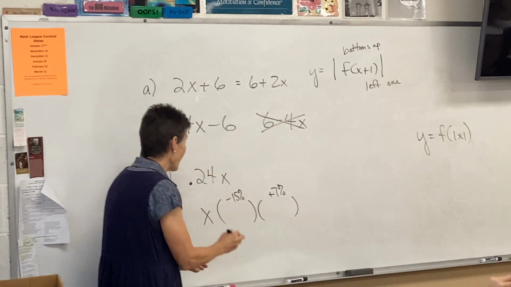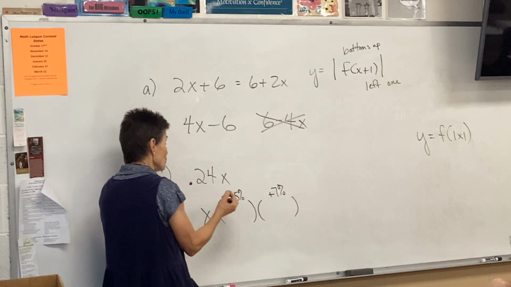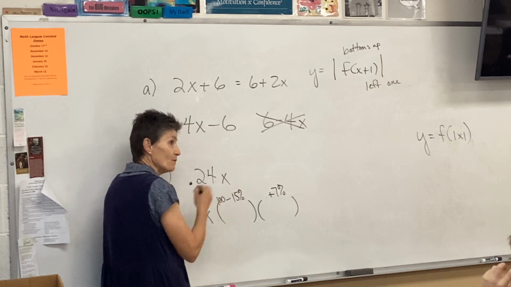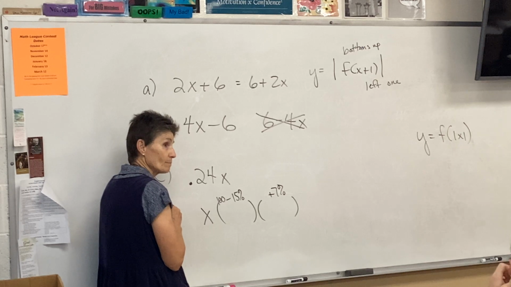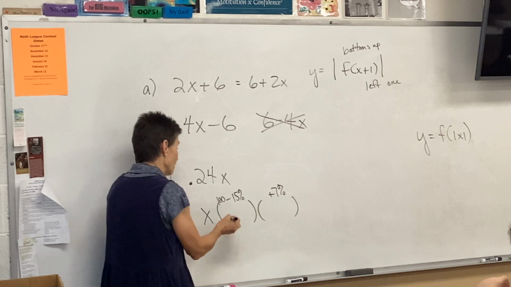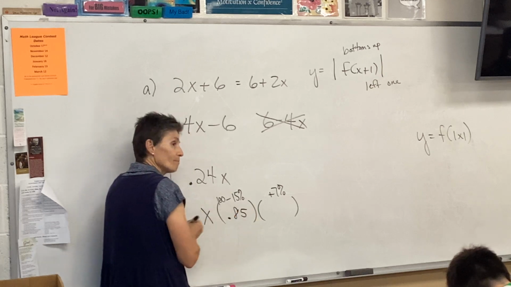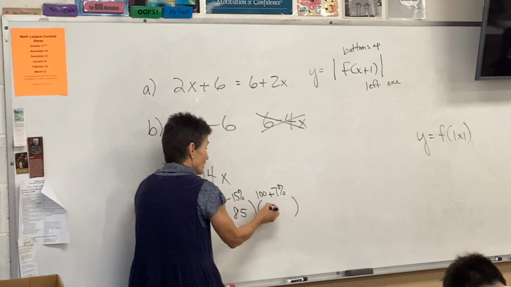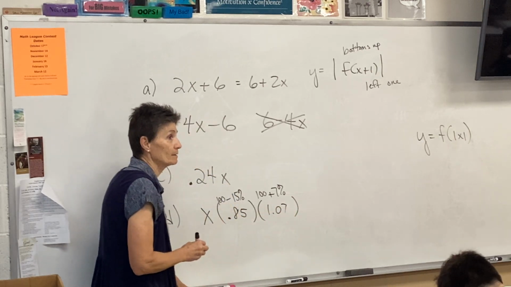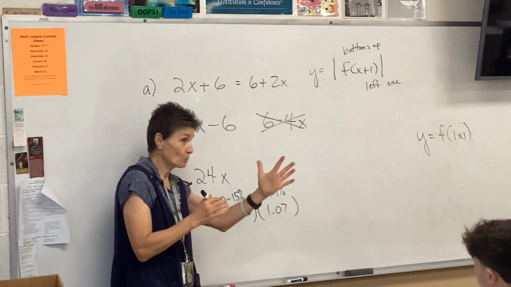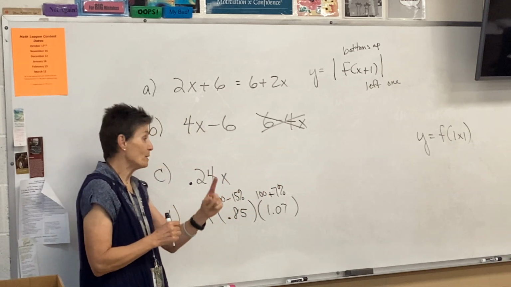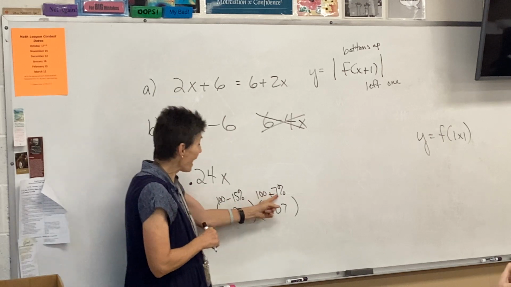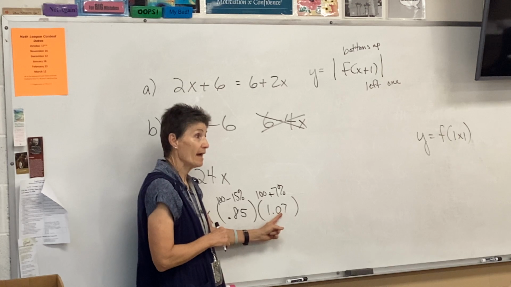The way you figure out what to multiply by is you always start with 100%. What is 100 minus 15? 0.85. And what is 100 plus 7? 1.07. So we take 100%, which is the number 1, and we either subtract the percent if it's a takeaway, or we add the percent if it's an add.